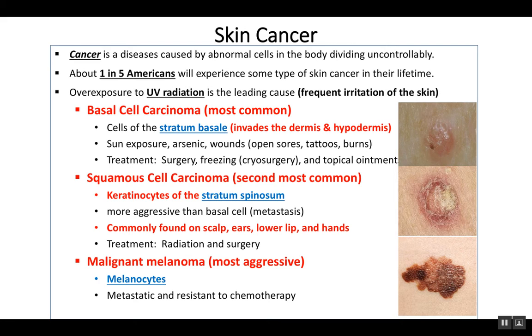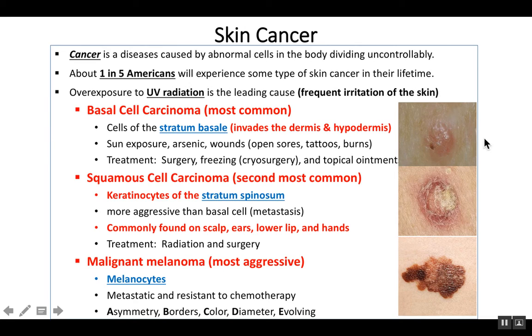It's very aggressive, and like all cancers, the most important thing is to detect it early. There are some things that dermatologists and everyone should be looking for. We use the acronym ABCDE. This stands for asymmetry, borders, color, diameter, and evolving.